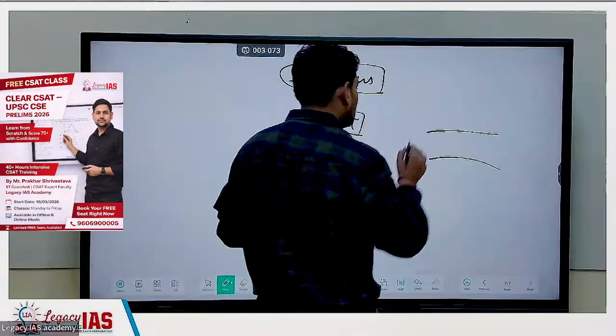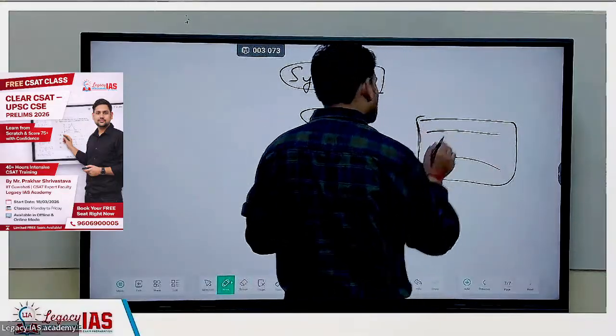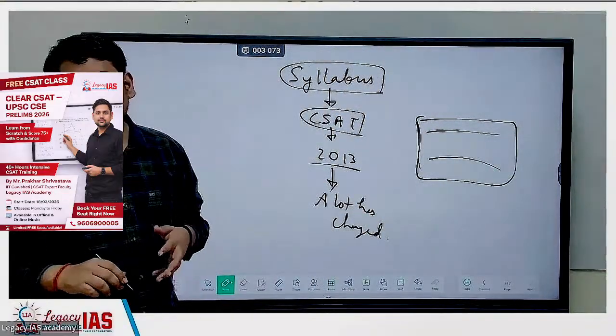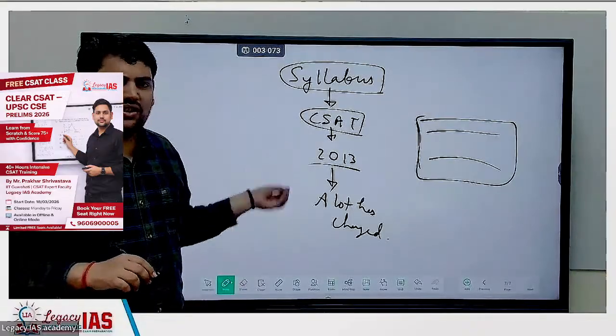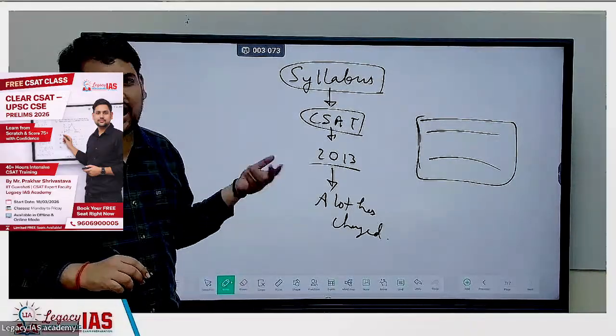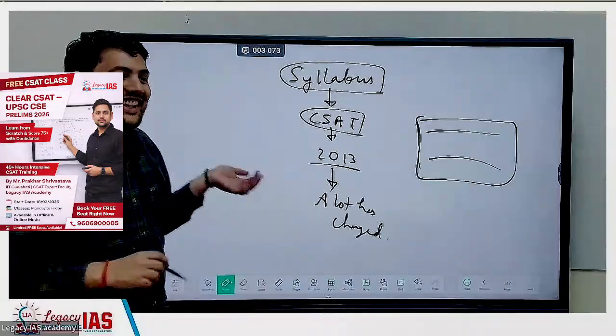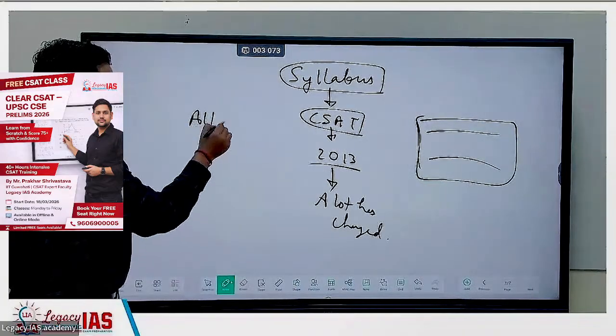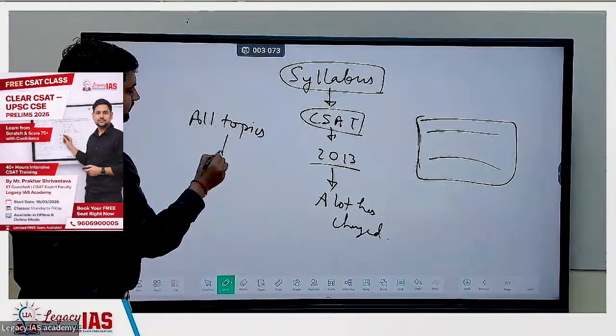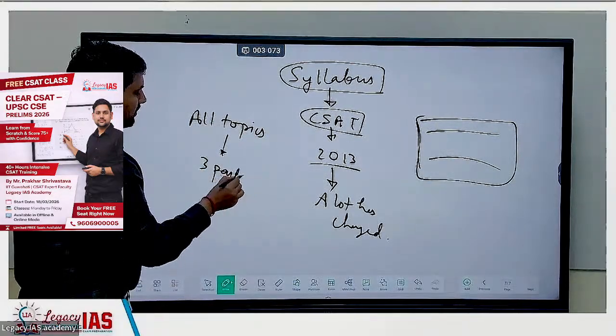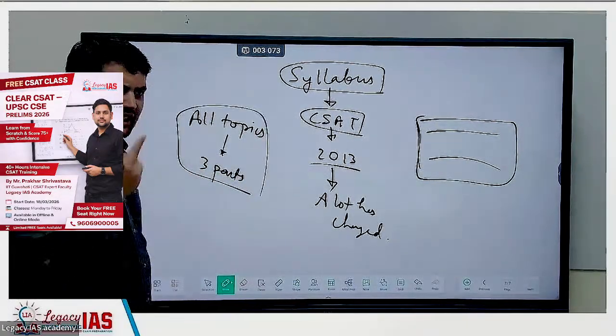So for the syllabus, you can just rely on us. I'll cover all topics of all three parts. Because what they have done in the syllabus, they have not defined the chapters.